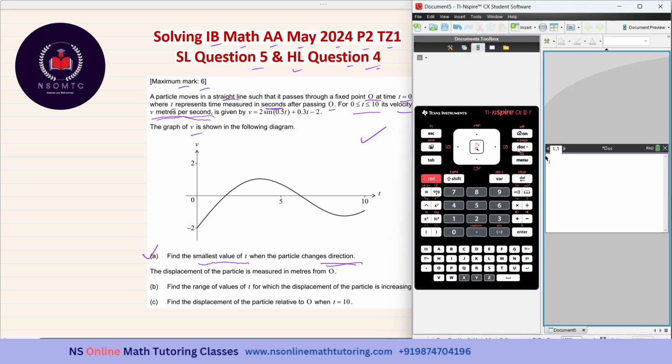Using the calculator, I can use the nSolve.